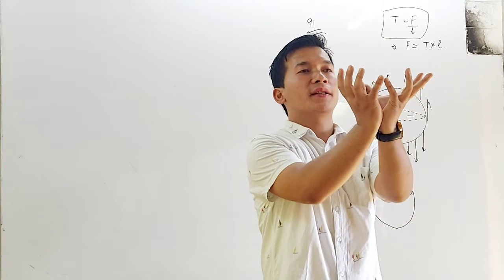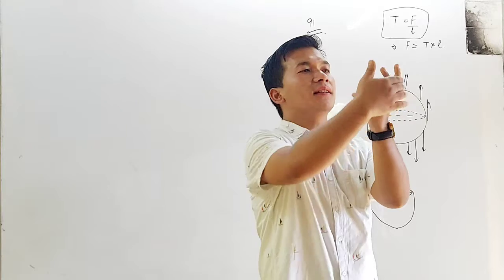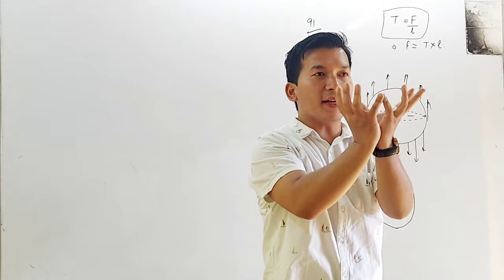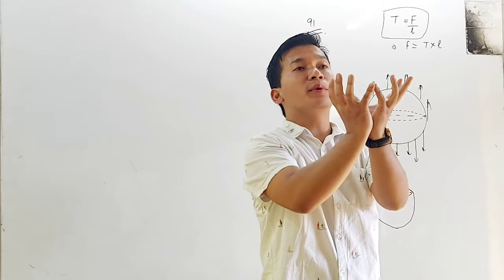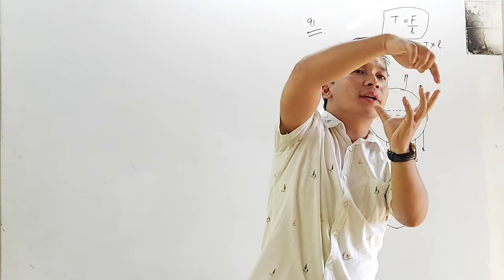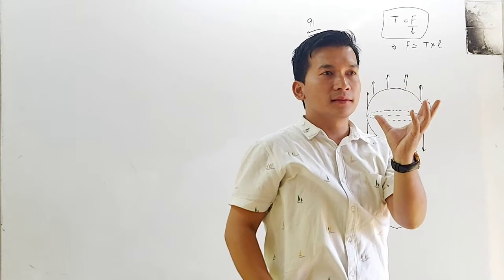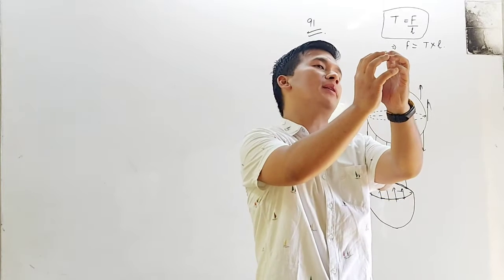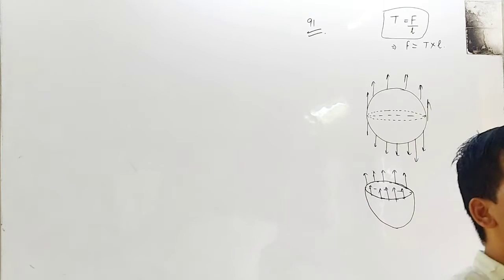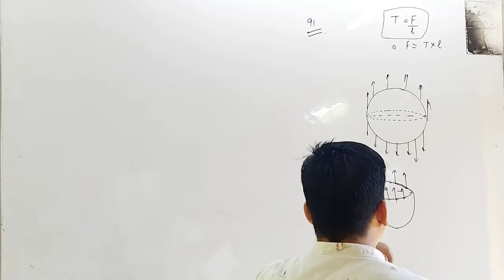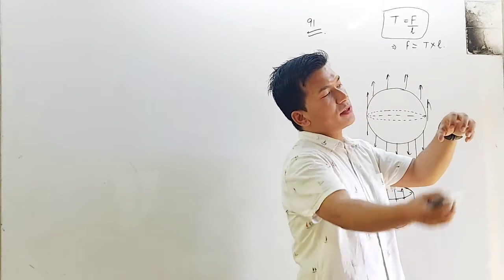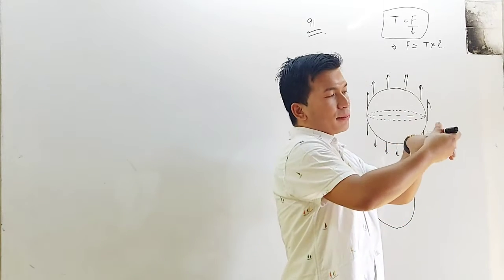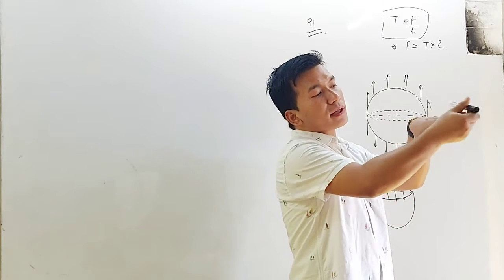It is acting like this along the surface, and your surface tension will exist around the circumference. For the sphere, the surface tension must act tangentially along the surface.